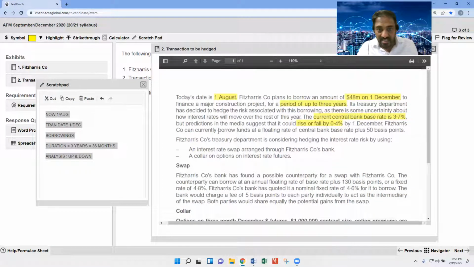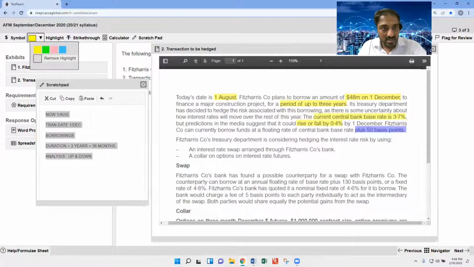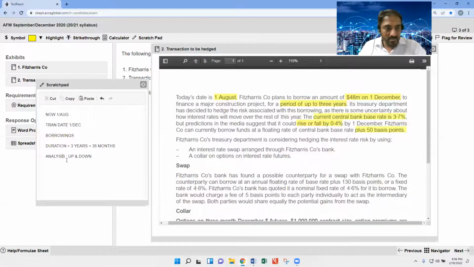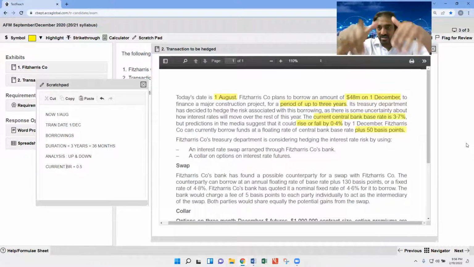Fitz Harris Company can currently borrow funds at a floating rate, base rate plus 50 basis points. So here the rate is base rate plus 0.5. Why am I mentioning this? Because the relevant thing is only the scratch pad, rather than involving the question again and again and spending too much time. So list down these things at the scratch pad.